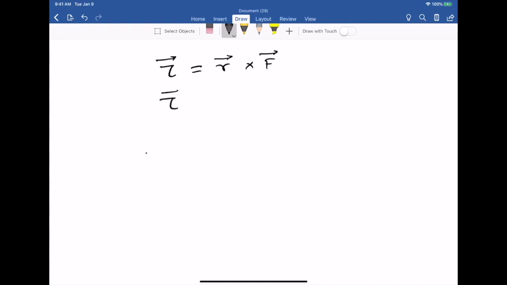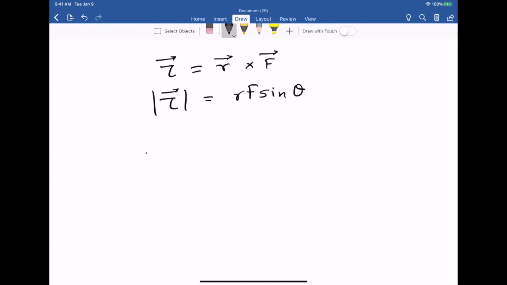The magnitude of the torque is simply r F sine theta, and this formula comes straight from chapter 1. You know what the formula for the magnitude of a cross product is, and that's exactly what we're doing here. So let's look at an example.